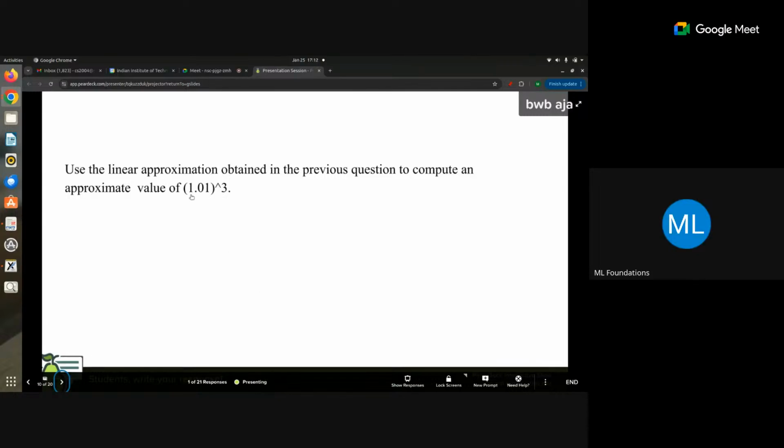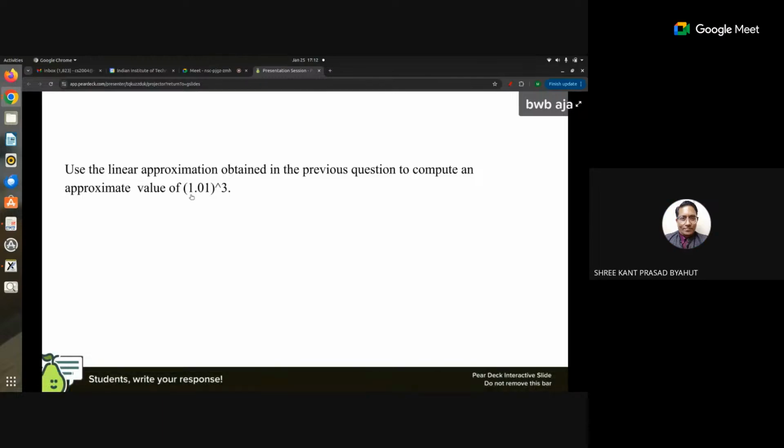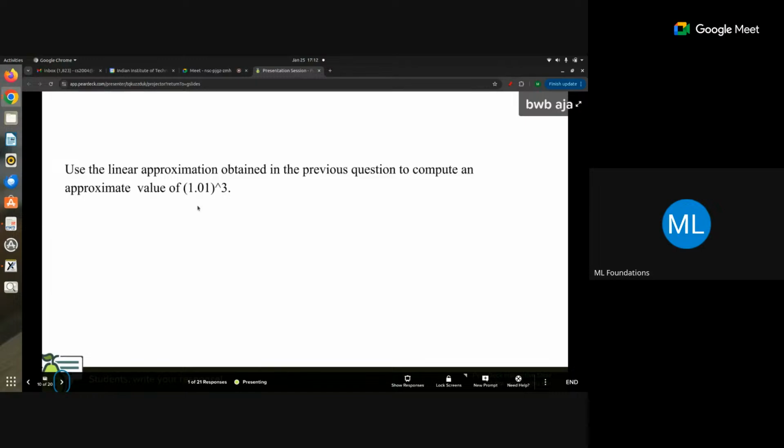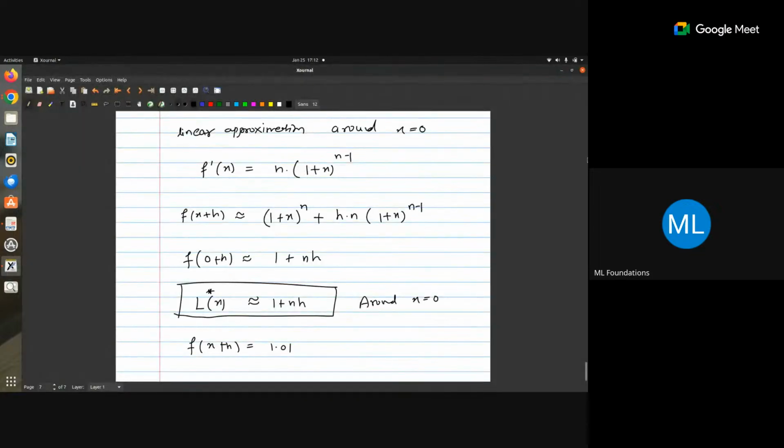No, but here x is 1, right? It's not 0. Around what you want? First of all, you have to find the linear approximation of the previous term around 1. What you have is around 0, so here again you just have to find it around 1.